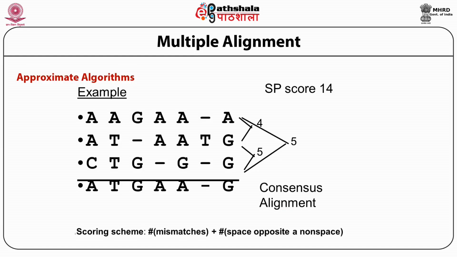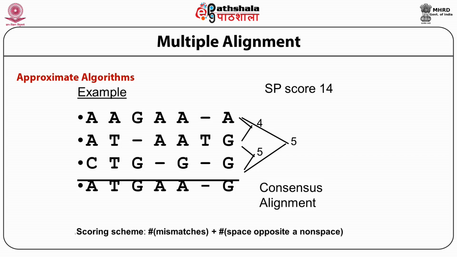Sequence 1 and sequence 2 align with a score of 4. Sequence 2 and sequence 3 align with a score of 5, and 1 aligns with 3, again with a score of 5. Now the best alignment here has a score of 14, which is the sum of the score of every pair. So again, do whatever you like, but try to obtain the largest score.